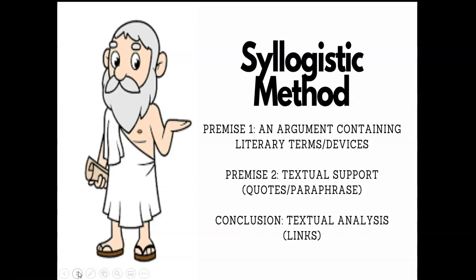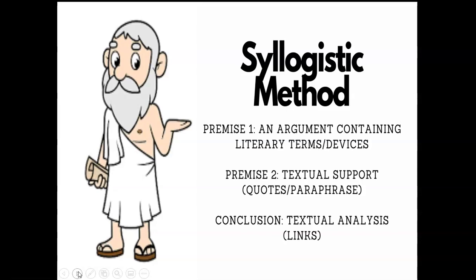Don't do one so much more at the expense of the other. And then the conclusion of the syllogistic body paragraph. And I want to emphasize that. Not the conclusion paragraph of the essay, but the conclusion of the syllogistic body paragraph is your textual analysis. And I'll show you there what I mean by links.